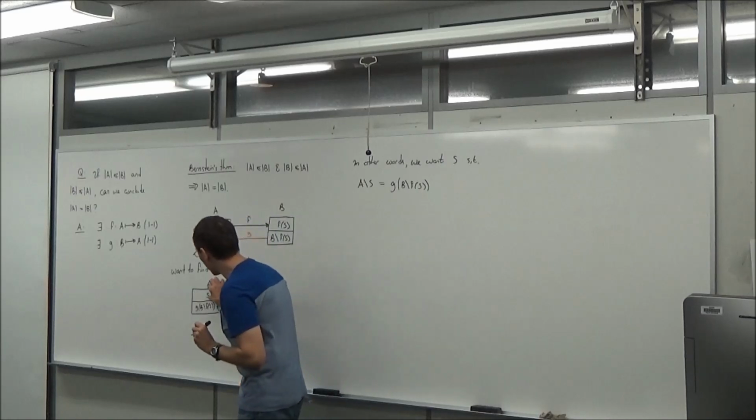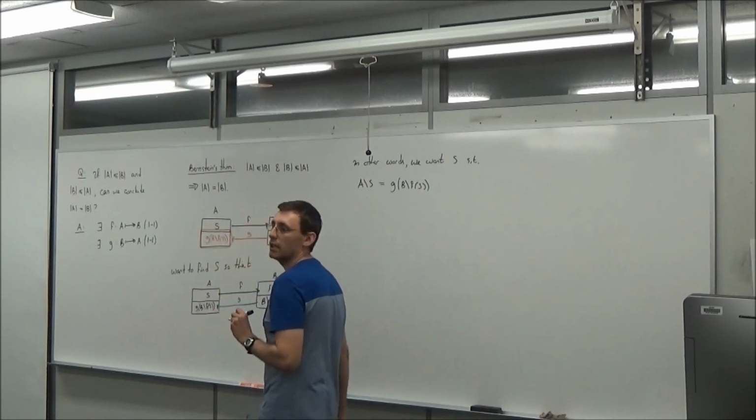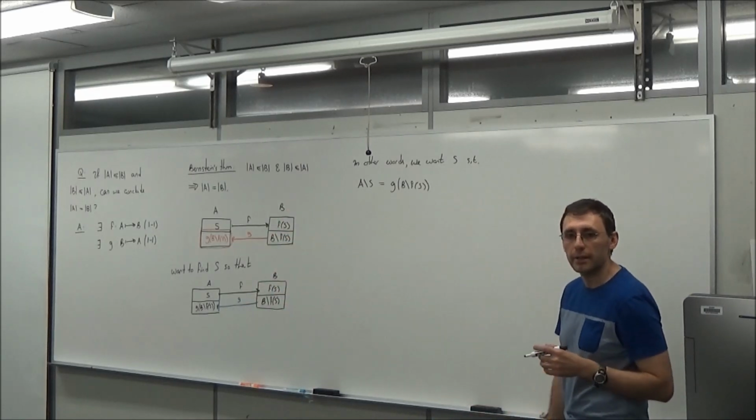Whatever is left if I delete S will be the image of G. And then there is a neat separation and there is a way to define the map.